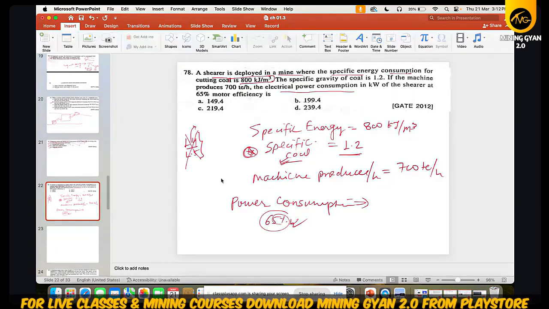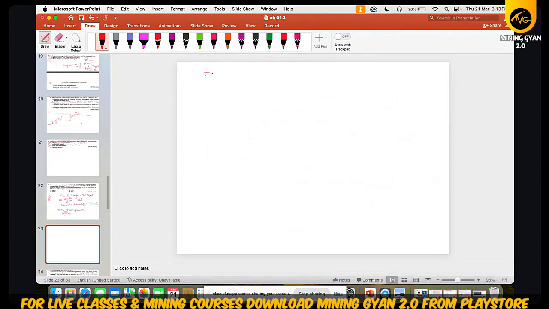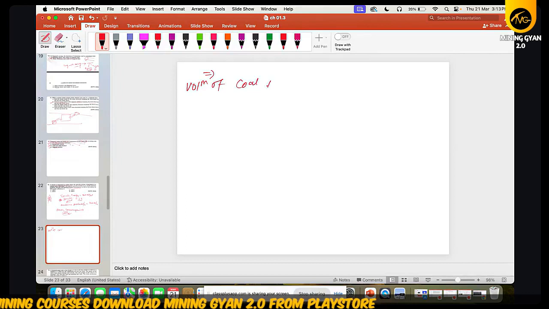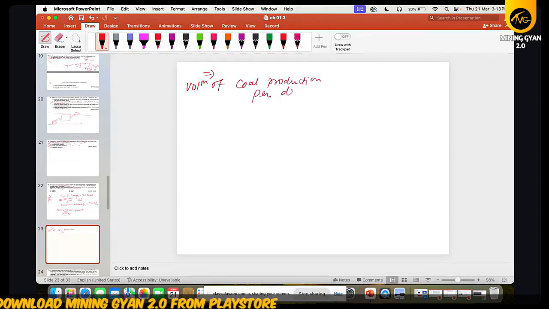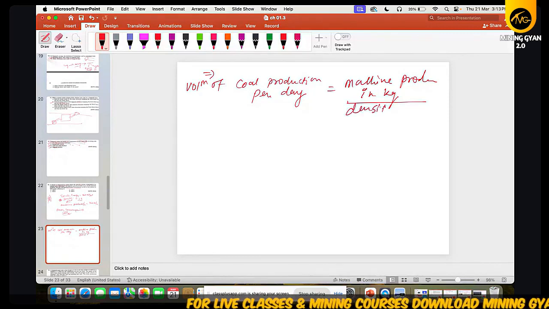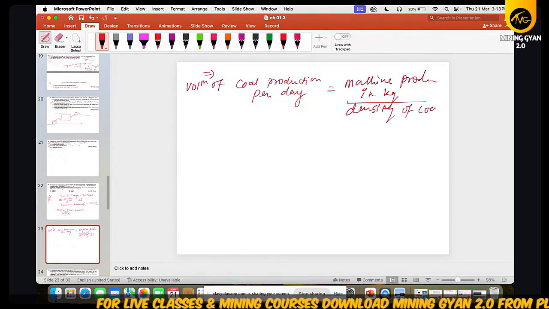Okay, let's start. For the energy consumption, what do we have to know? First, the volume of coal production per day we can calculate. How? Machine production in kg divided by density of coal.